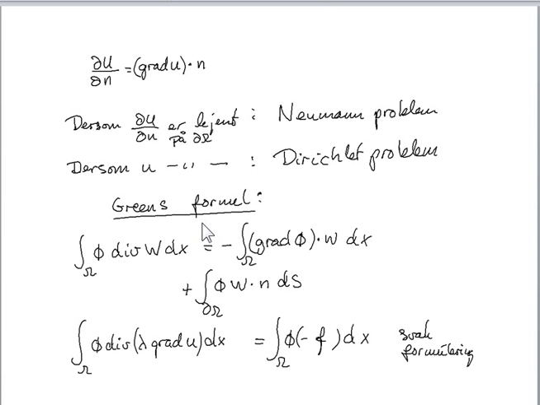Let us just mention this formula, which we are not going to prove. It's possible to prove it by using Gauss theorem, which is an important result in vector analysis. It takes the following form.